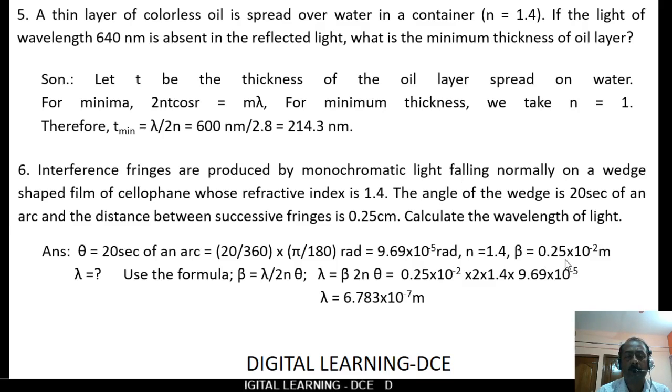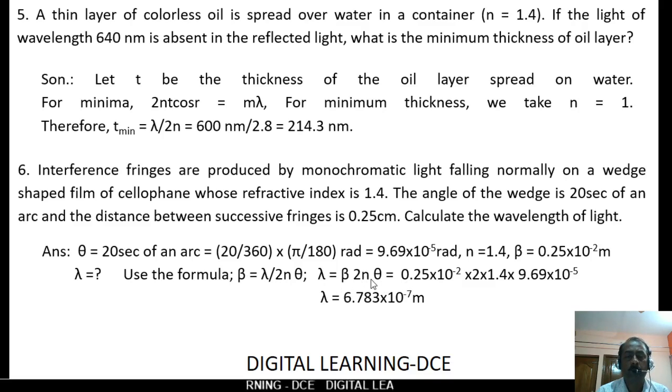Beta is given as 0.25 into 10 to the power of minus 2 meter. The distance between successive fringes, that means beta, is 0.25 centimeter; make it in SI unit, 0.25 into 10 raised to minus 2 meter. Find lambda. You can use the formula beta equals lambda by 2n theta. For calculation of wavelength, rearrange this formula: lambda equals beta into 2n theta.